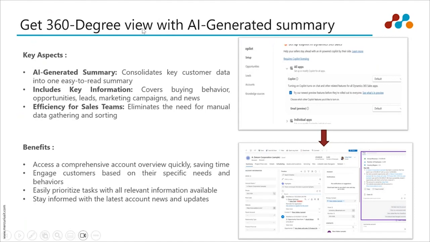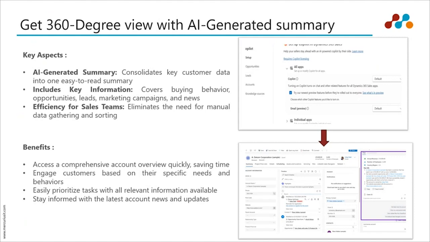This new account summary feature provides a unified view of essential customer data, including buying experience, associated records like opportunities, leads, and marketing campaigns, and also the latest updates of that account, generated by Copilot from sources like the account entity records or the open source.